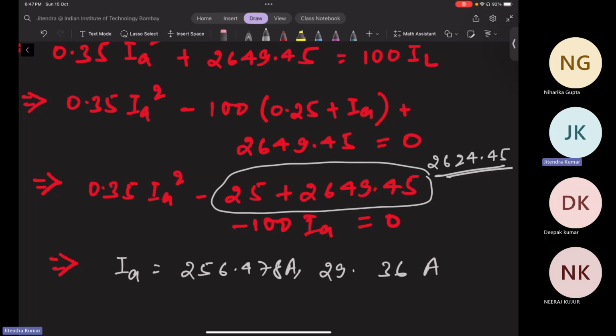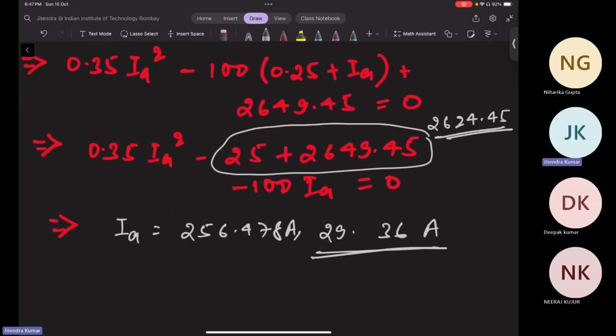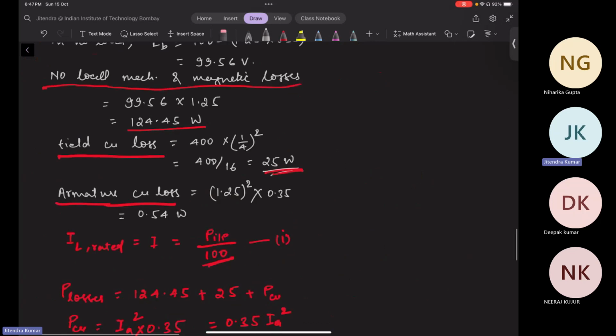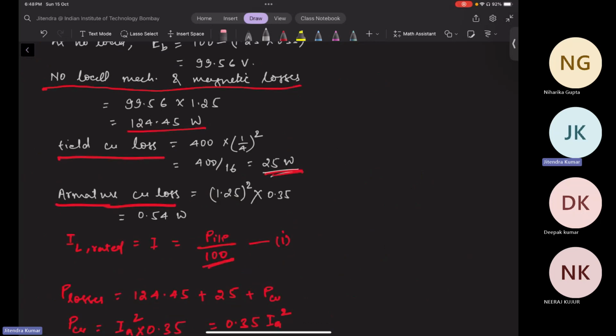Okay, so which value should I consider? Sir, 29 is the very real value. 256 is way higher. Okay, so 29.36 ampere is the expected armature current. After getting this armature current, I think we will be able to find out the efficiency, because we have already calculated all the losses. We just needed armature copper losses at this point, right?